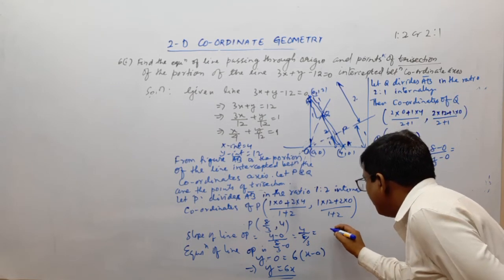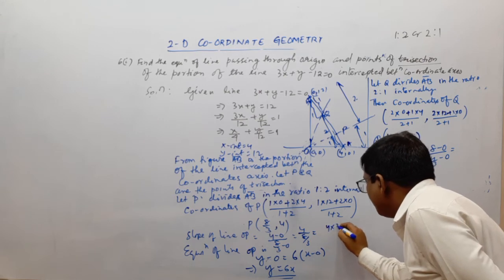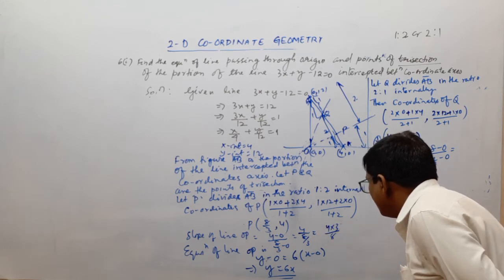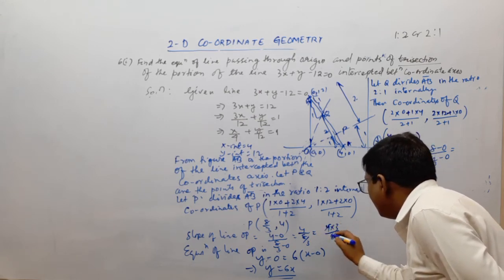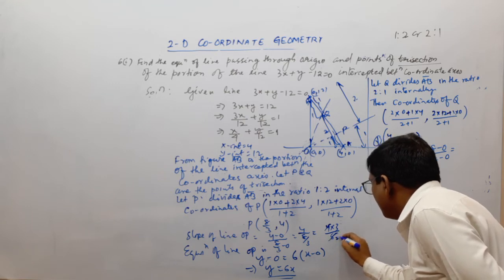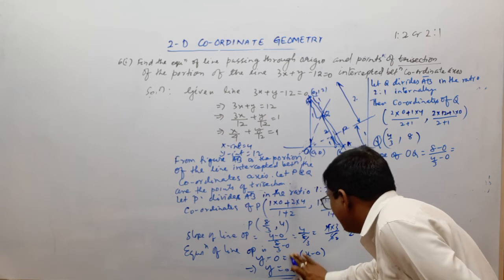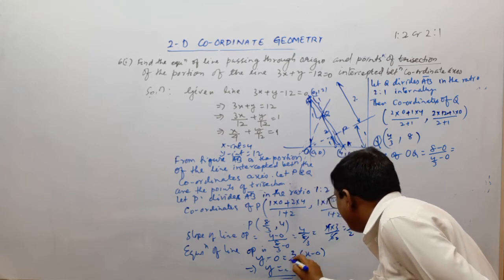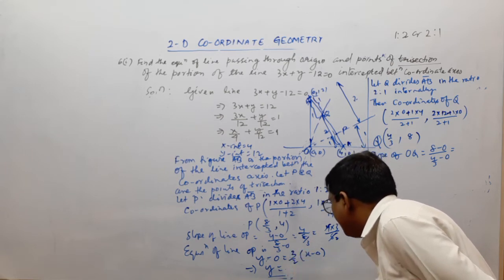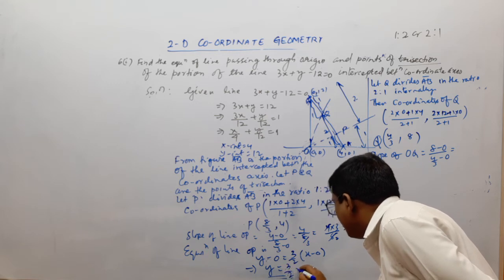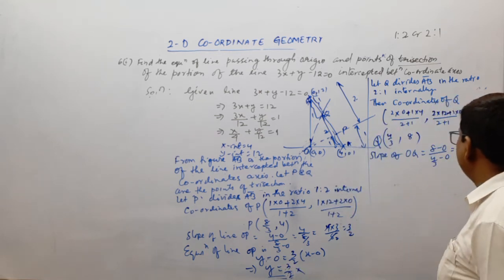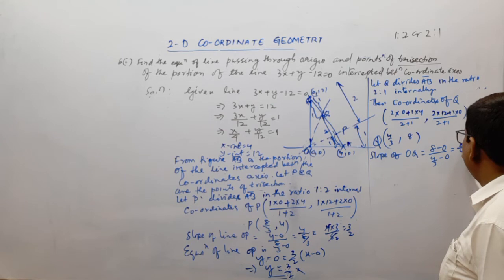That is 8 into 3 by 4. So the slope will be 6. This is 8 divided by 4 by 3, that is equal to 6.